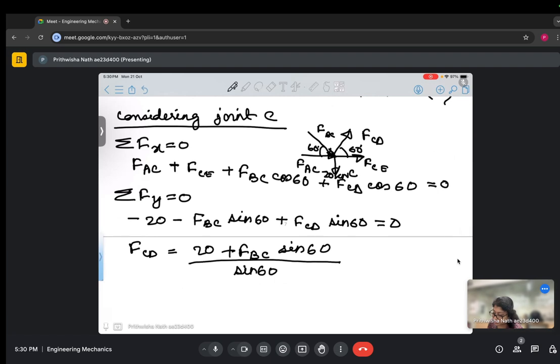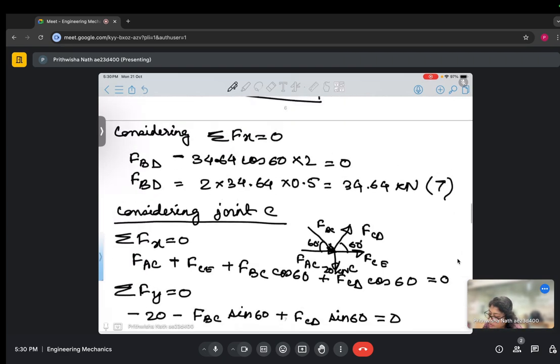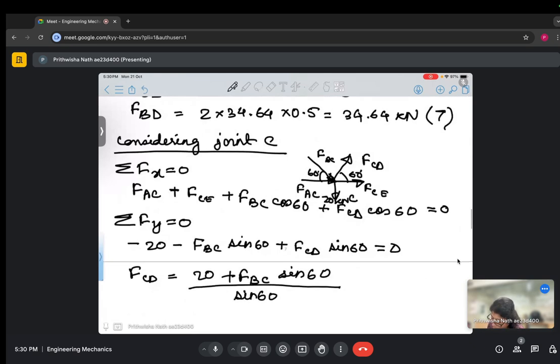So FBC is nothing but 34.64, this is 57.7 kilonewton and it is under tension.